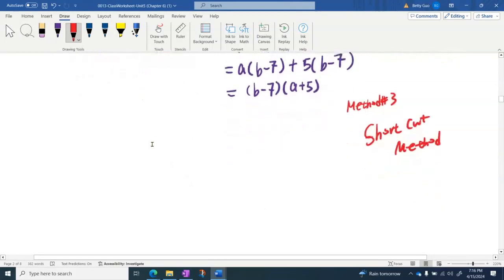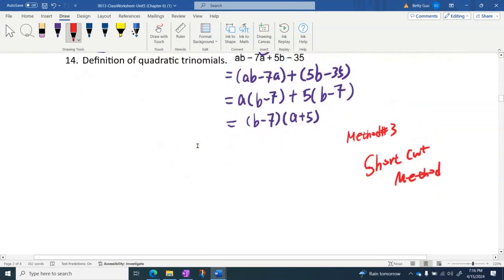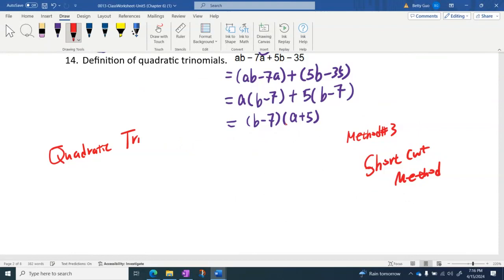Firstly, we need to know what is a quadratic trinomial. Quadratic in algebra means degree 2.